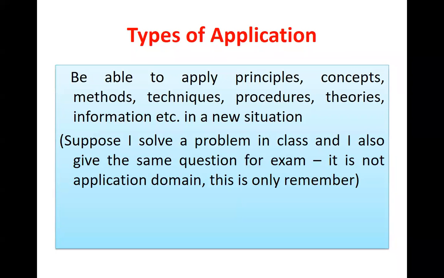Then when it comes to application level, it should be understood in the real sense. Be able to apply principles, concepts, methods, techniques, procedures, theories, information, etc. in a new situation. Okay, that is the real sense of application.